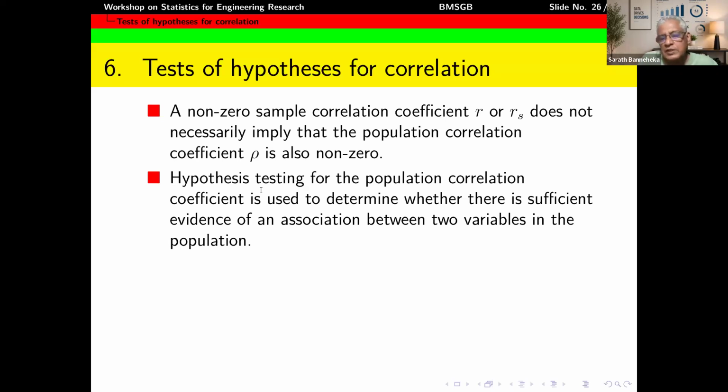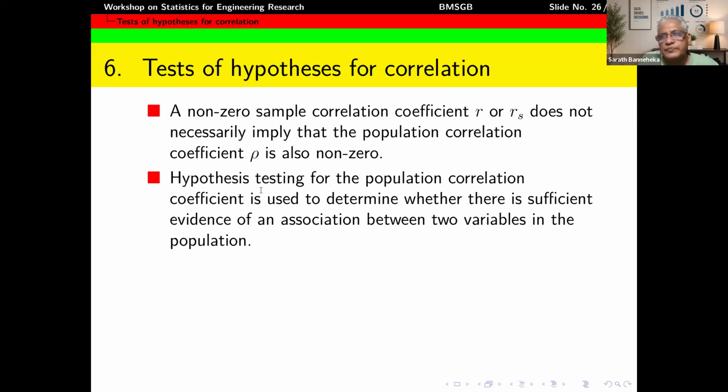That is possible, right? Even from a population where the population correlation coefficient is zero, when you get a sample, you might get a sample for which the sample correlation coefficient is somewhat large, like 0.5, 0.4, 0.6.